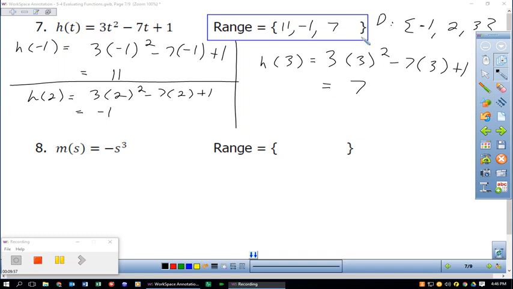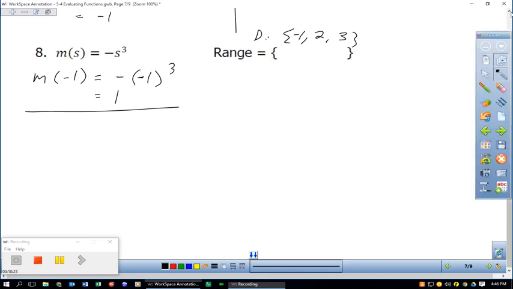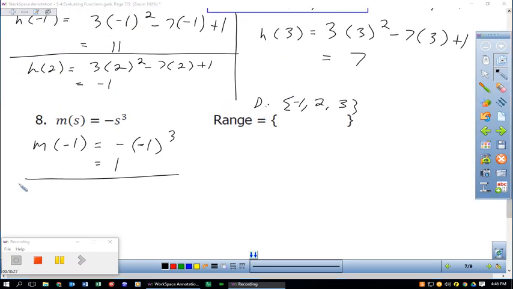Right, we're going to do the same thing for number 8, except we have m of s equals negative s cubed. So our domain is still negative 1, comma 2, comma 3. So we'll have m of negative 1 is negative, notice that negative already, negative 1 cubed. And that comes out to be positive 1. Next, we take m of 2, which is negative 2 cubed.